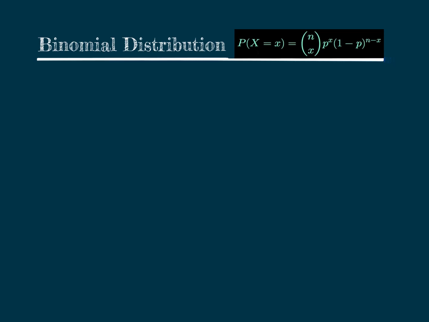A probability distribution is not a distribution unless we conduct a number of trials. These trials are called the Bernoulli trials, which I've covered in the last video. Each trial results in one of two possible outcomes, labeled success or failure.